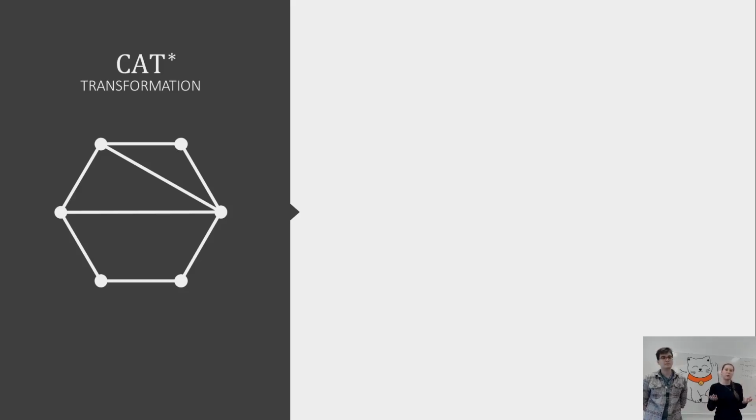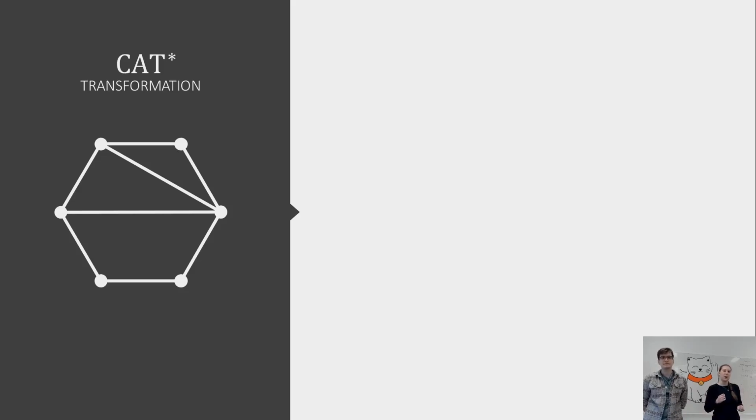And what does a block look like? Well, basically it looks like something like the graph on the left, where you have some cycle and you have some edges in between, which we call diagonals. And what CAT star does, it takes this graph and it transforms it so that Weisfeiler-Lehman or message passing neural networks can distinguish all of those blocks.